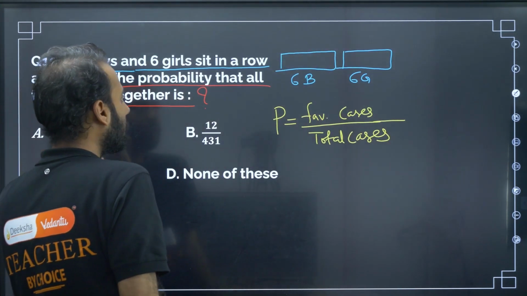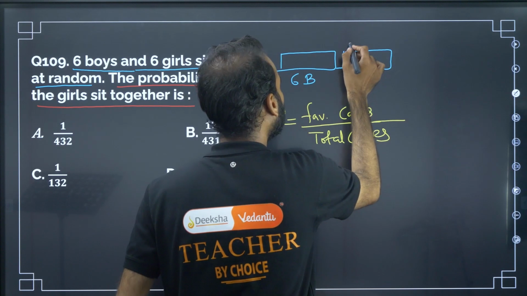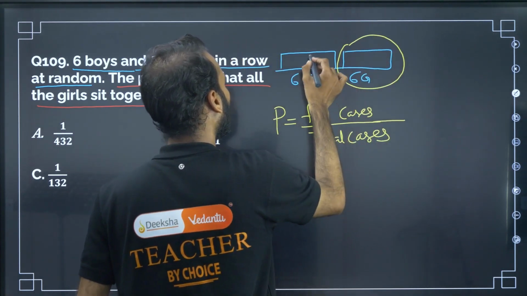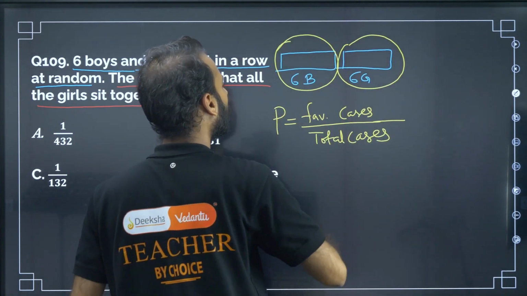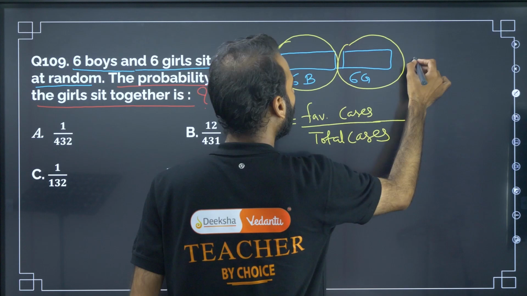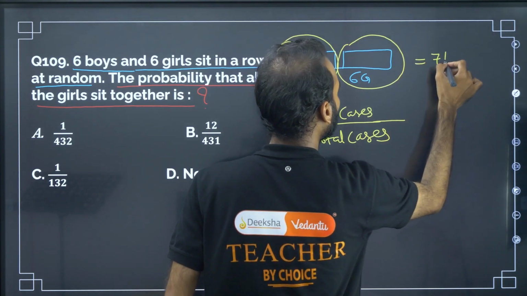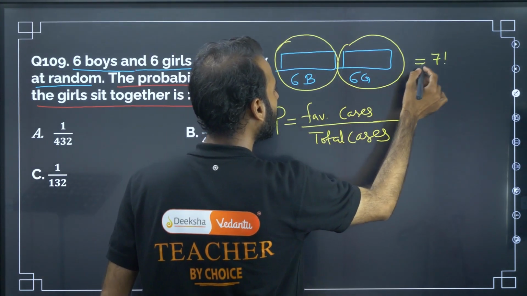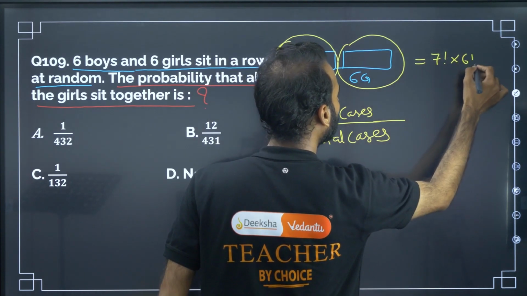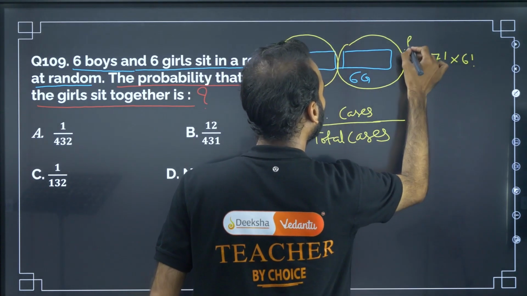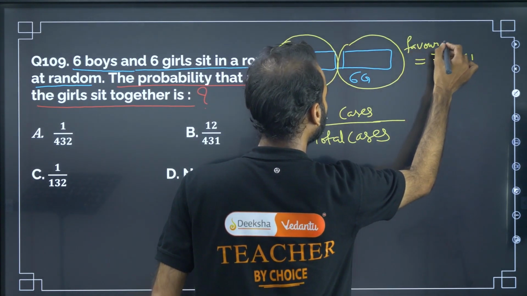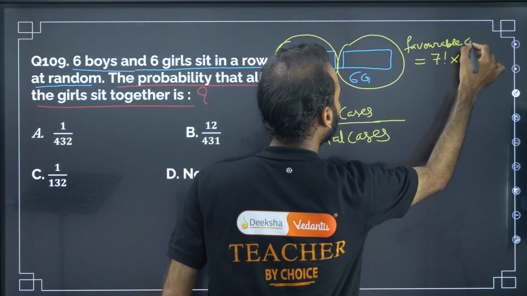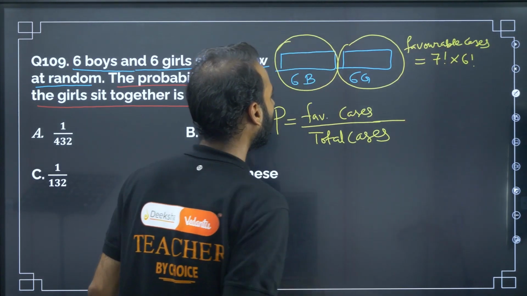If all girls are sitting together, we have to count them as 1 unit and the boys as 6 units. So total 7 units, so 7 factorial. Also these girls among themselves can be arranged in 6 factorial ways. So favorable cases is equal to 6 factorial into 7 factorial.